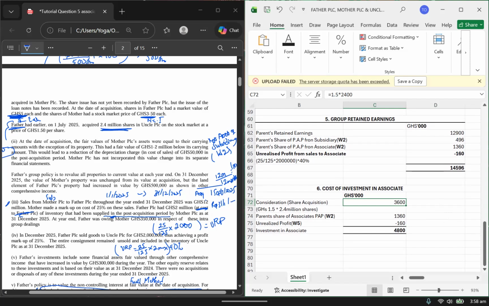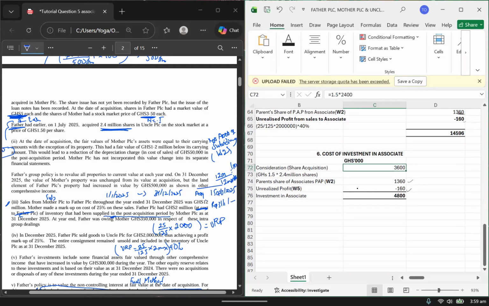So indirectly we are subtracting this 160 from this 1,360. Assuming we were doing the profit attribution, we would have subtracted this unrealized profit from the parent's share of the post-acquisition profits of the associate.